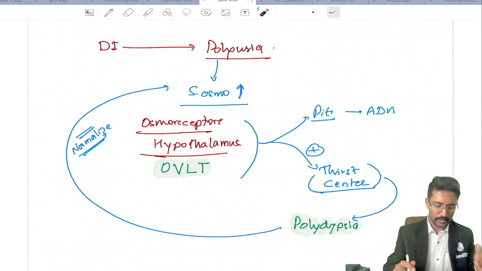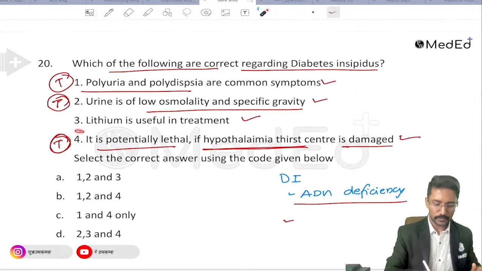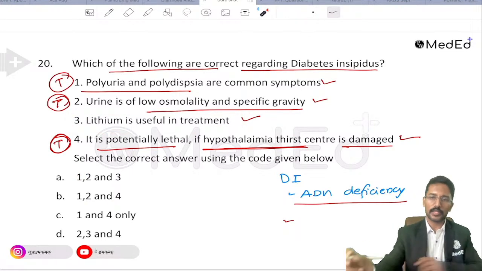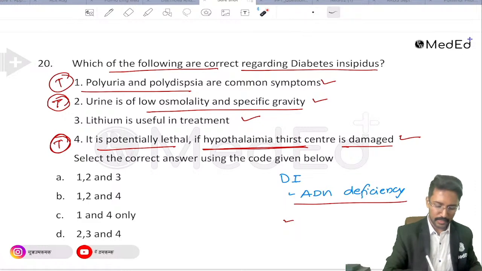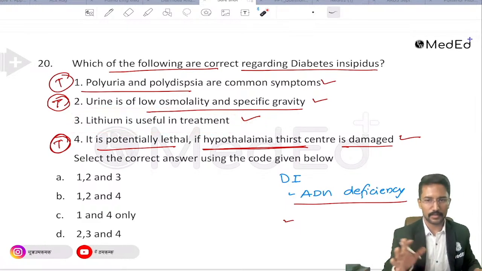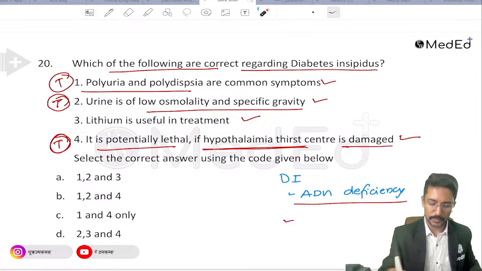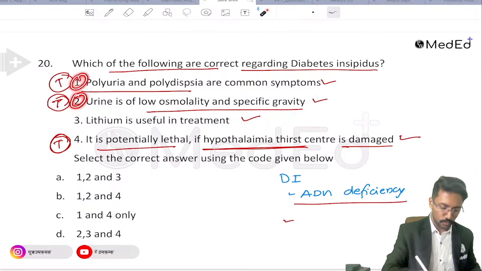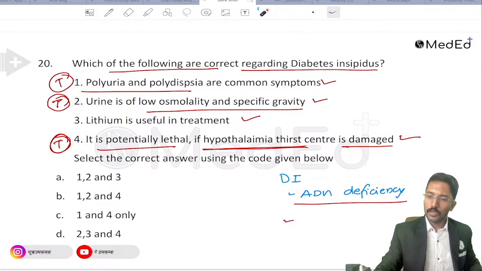So we know that lithium can indeed cause diabetes insipidus. It is not used for treatment. We use lithium for treatment of mania and bipolar disorders, rather than for nephrogenic diabetes insipidus. It can cause NDI, not used for treatment. So 1, 2 and 4 are true statements, right?